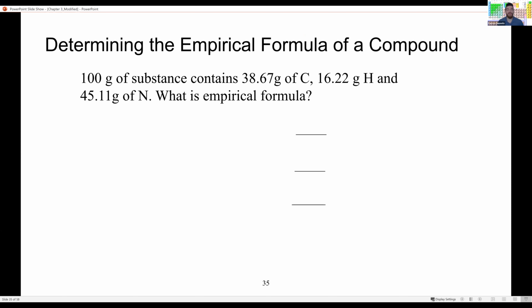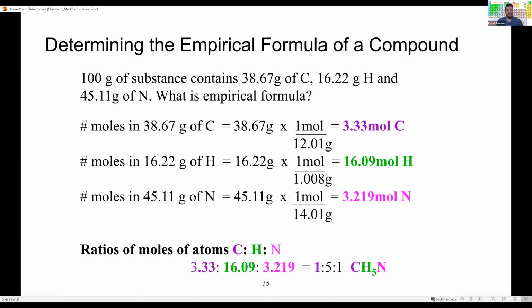So you get something like 3 point something. Then for 16.22 grams of hydrogen, you divide it by 1.008 grams per mole of hydrogen. You get around 16. For nitrogen, you divide 45.11 by 14, which is the molar mass of nitrogen, and you get 3 point something.